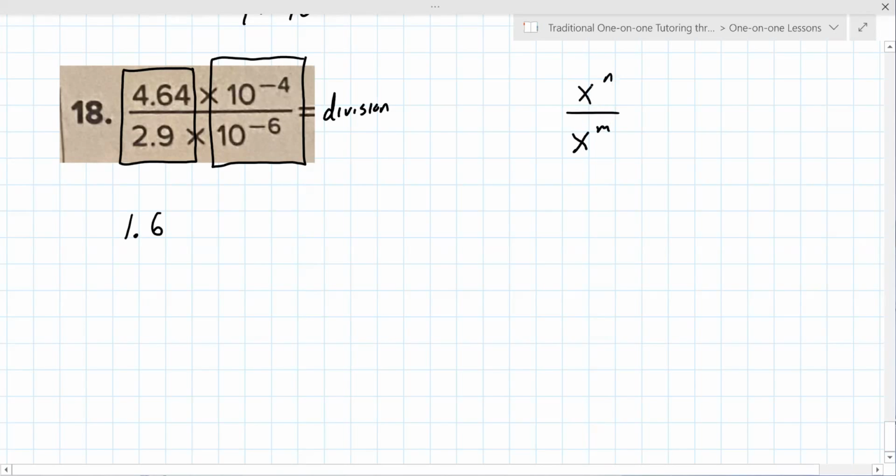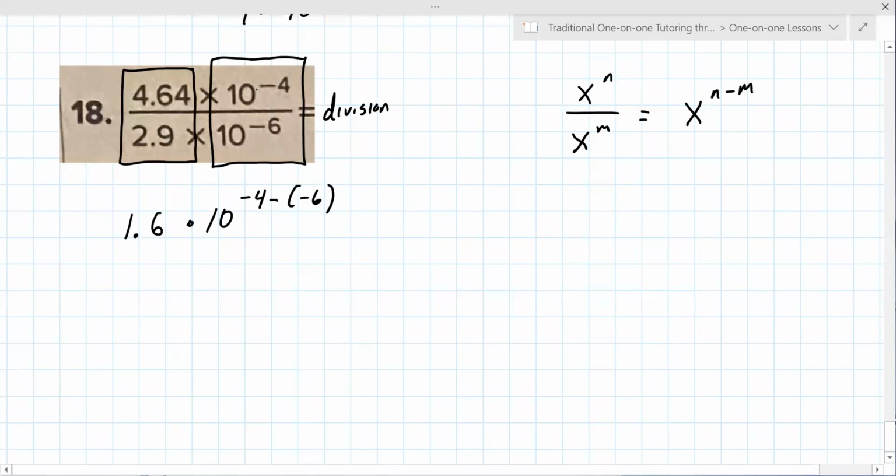So when you have the same bases and you're dividing, you subtract the exponents. You take -4 and subtract -6. So think of this fraction bar as a big subtraction symbol. So it's 10 to the -4 minus a -6 power. So you subtract them.